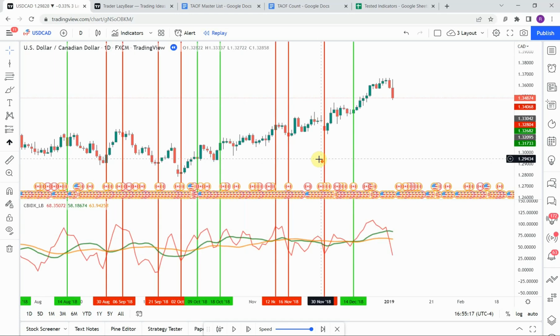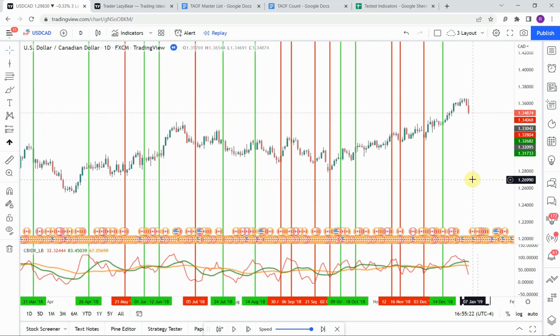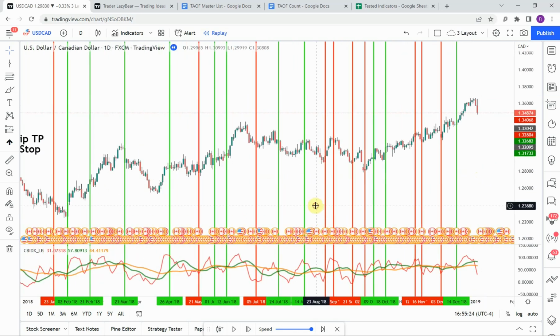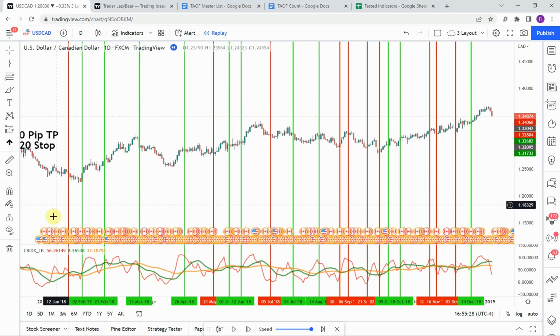All right, so let's go ahead and take a look at our indicator here. Get everything in focus. So, a good number of trades within the one year's time. That definitely has it going for it. Let's go ahead and count it out and see what we have. So 1, 2, 3, 4, 5, 6, 7, 8, 9, 10, 11, 12, 13, 14, 15, 16, 17, 18, 19, 20, and 21.